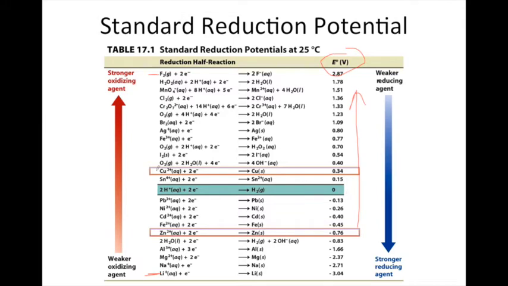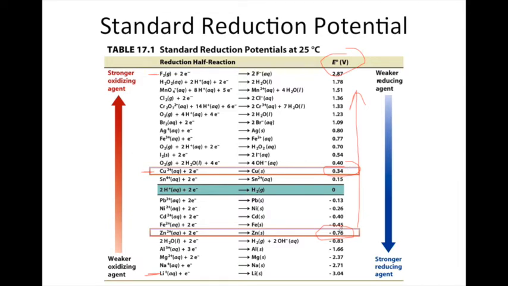You can see here's the copper half reaction, and copper's standard reduction potential is 0.34 volts, whereas zinc's standard reduction potential is negative 0.76 volts. And so therefore, since copper has a greater standard reduction potential, it will be reduced, and the zinc will be oxidized when you make a galvanic cell.